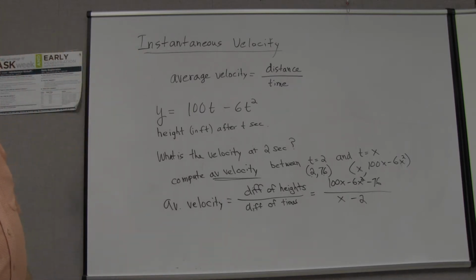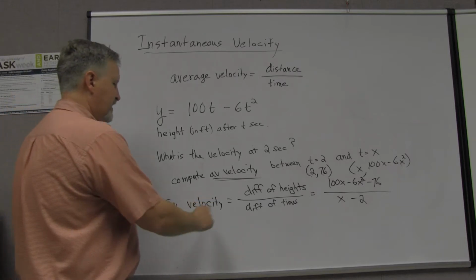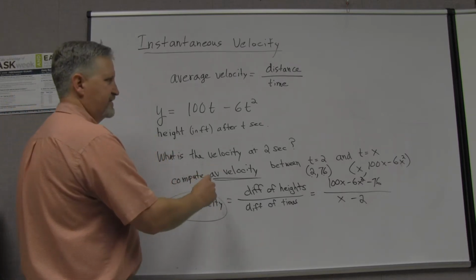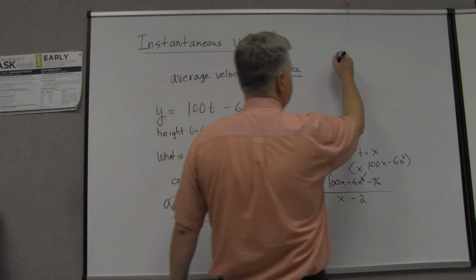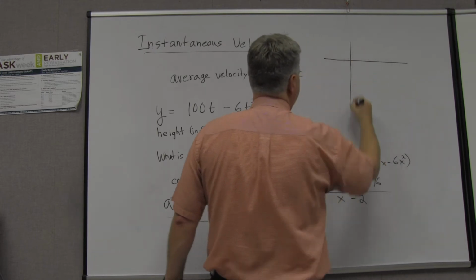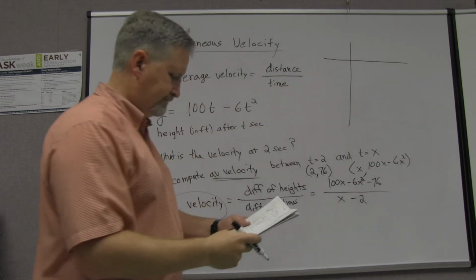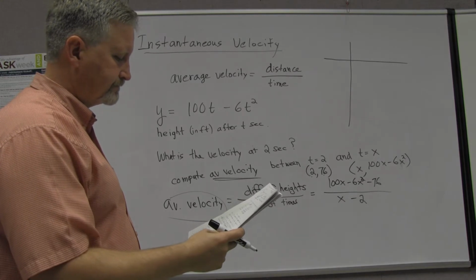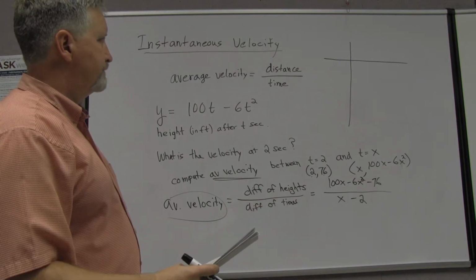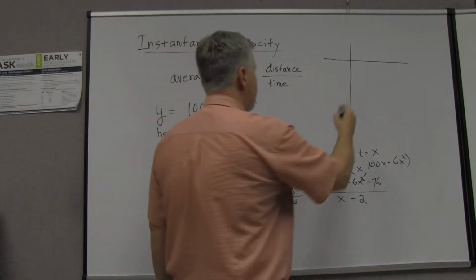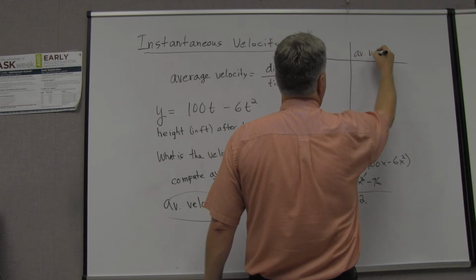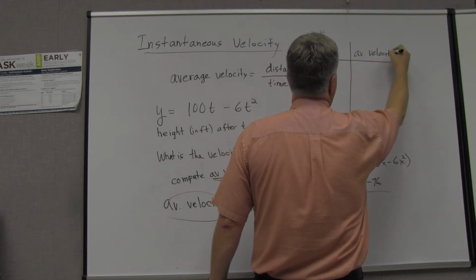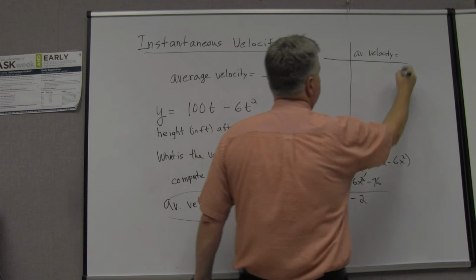All right. Okay, so that gives me average velocity though, so how am I going to get instantaneous velocity? Well, I'm just going to set up a table here, where the y value is going to be this average velocity.